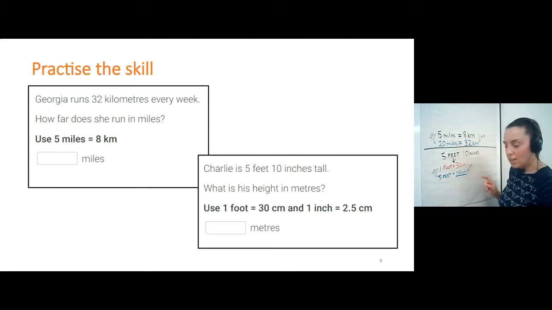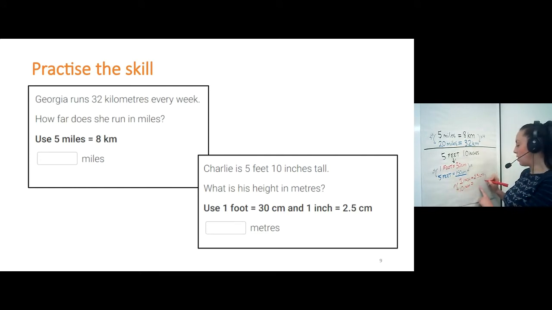Now we need to do just the same with the inches as well. So if we know that 1 inch, I'm hoping you can still see this, yeah, 1 inch is equal to 2.5 centimetres, and he is 10 inches. We've increased the inch side by 10-fold, 10 times bigger.